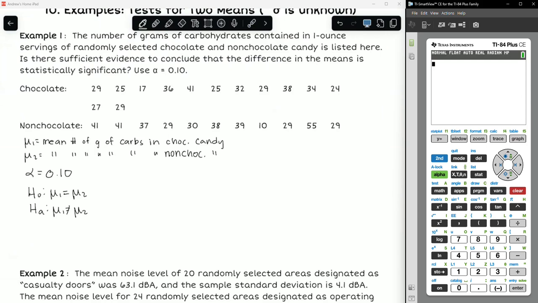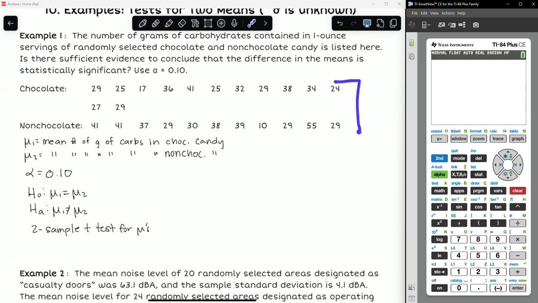And this is a 2-sample t-test for two means. I know that it's a t-test because nowhere in the wording of this question was I given a population standard deviation.